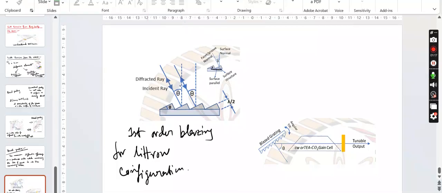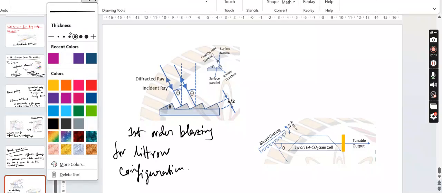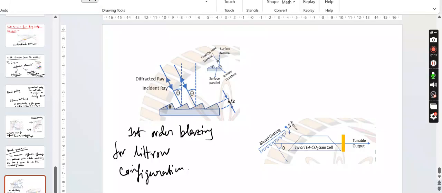So this is the surface normal. This is surface parallel, this is surface structure, this is surface normal, and this is the facet normal. So you need to remember those things.